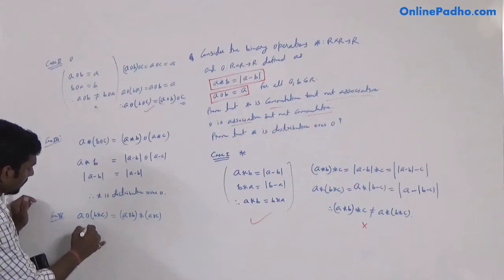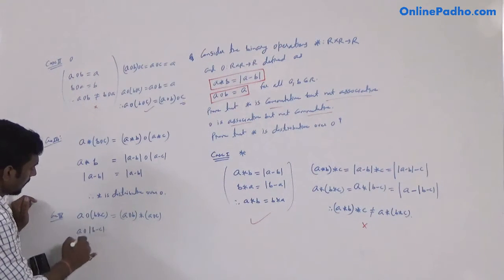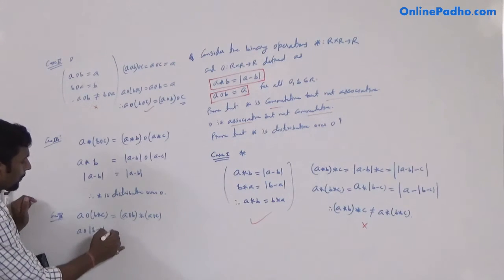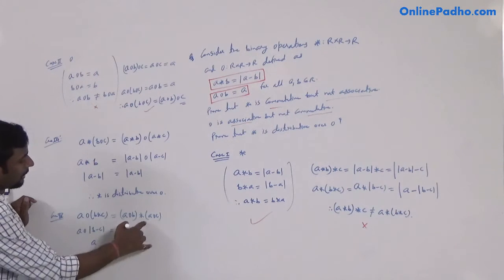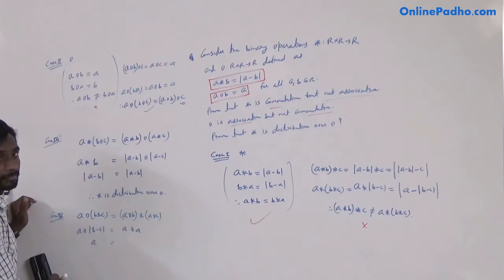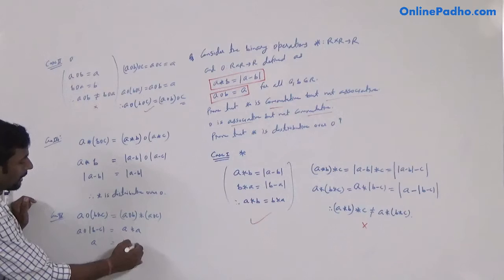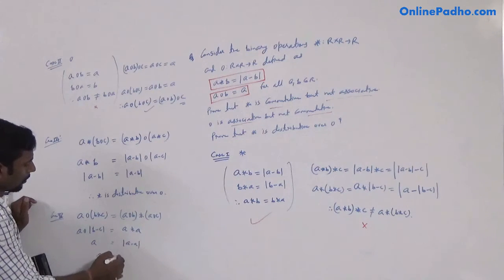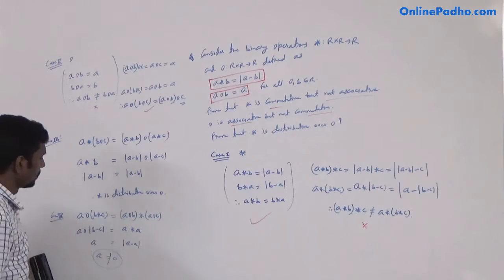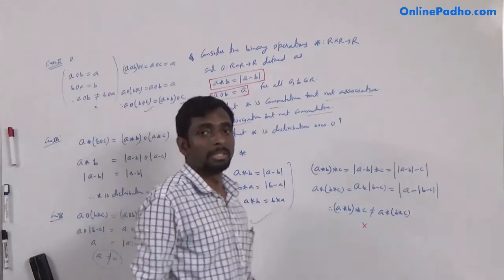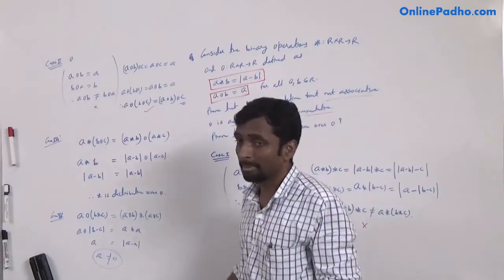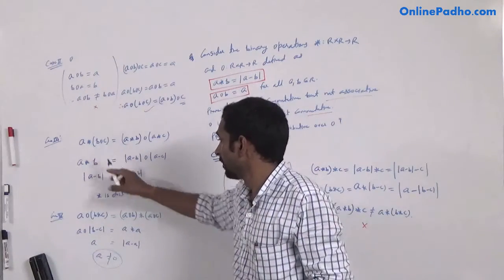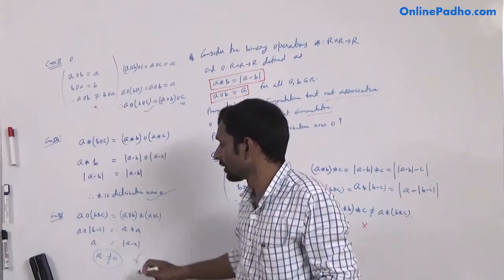A naught mod B minus C is A. Left hand side is A. Right side, A naught B star A naught C, is A star A, so it becomes mod A minus A, that is 0. A is equal to 0 is not possible, so not equal. So not is not distributive over star, but star is distributive over naught. Right?